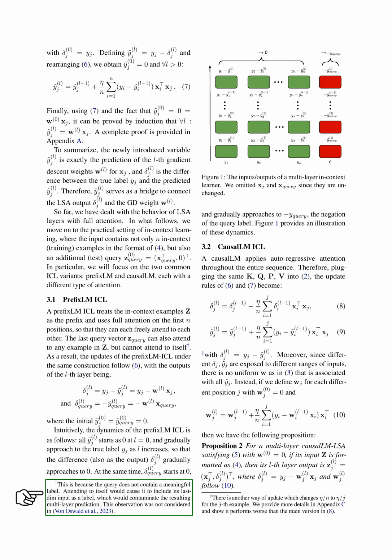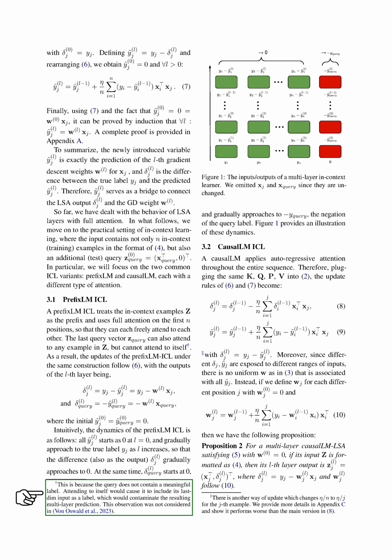The updates of the prefixLM ICL under the same construction follow a certain pattern. The outputs of the Lth layer are represented as delta_j_L equals y_j minus W_L x_j for each j, and delta_query_L equals W_L x_query. Here, y_j represents the true label, W_L represents the weight at the Lth layer, and x_j and x_query are the inputs.